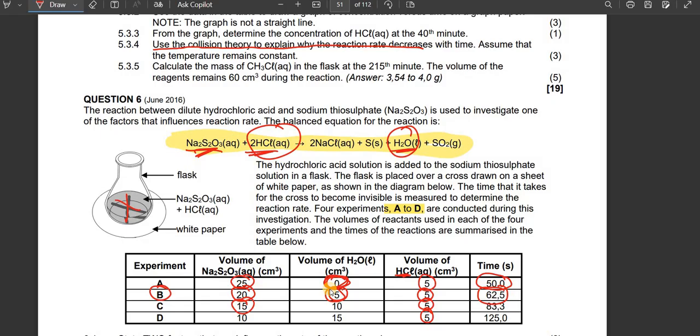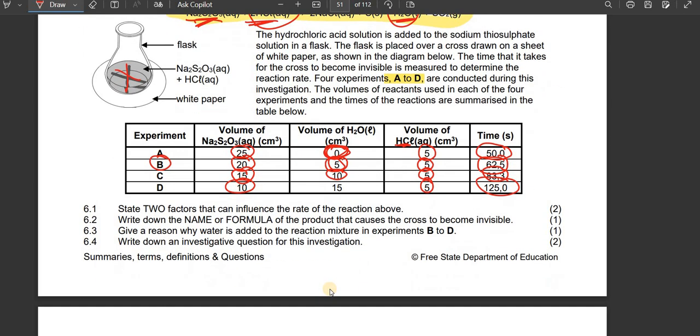Here they used 15, and then after 83.3, you see it takes more time to disappear. And then the volume of H2O that was produced was 10. Here they used 10, and then it took 125. So that means the lesser the volume of sodium thiosulfate, the more time it takes for the cross to disappear. So they say state 2 factors that can influence the rate of this reaction above. What could be the 2 factors?